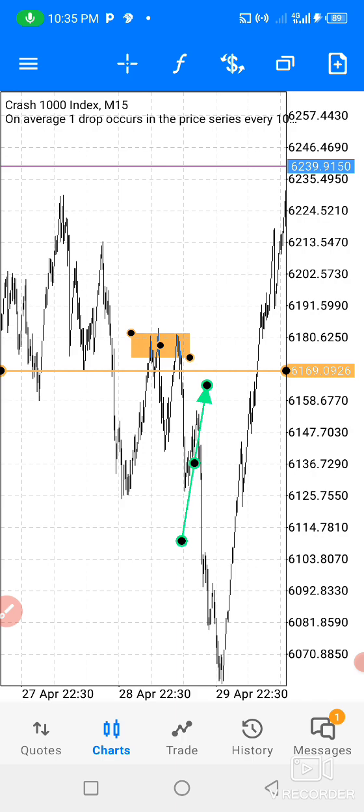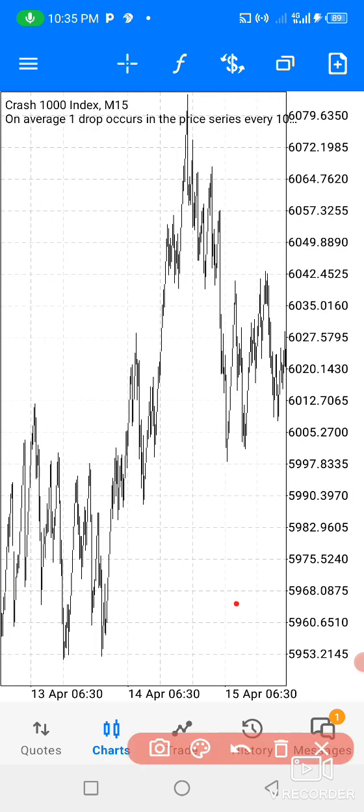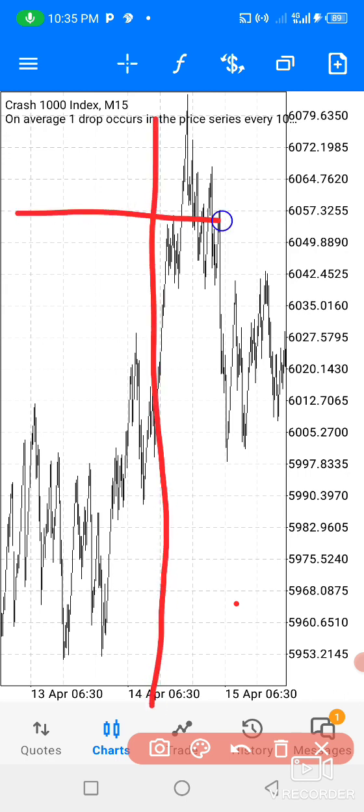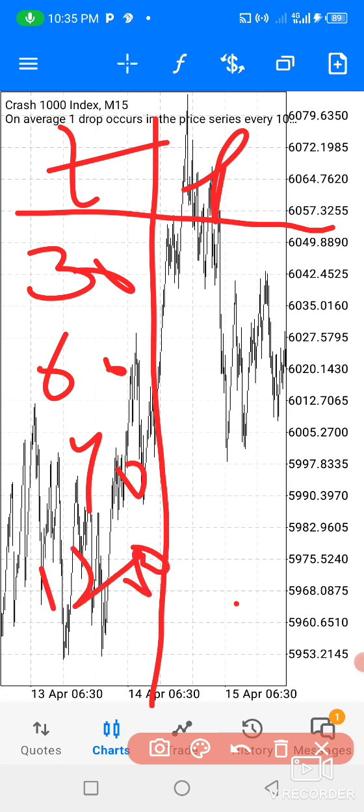So let's consider a situation where the prices are taking higher values. We have the first 30 minutes, 60 minutes, 90 minutes, 120. We need at least four data points to confirm.